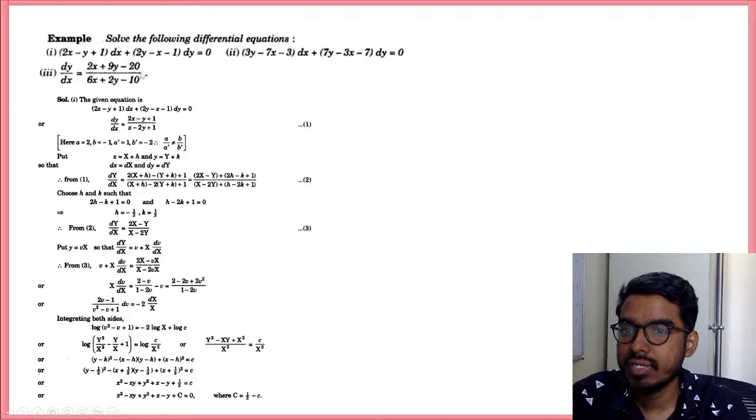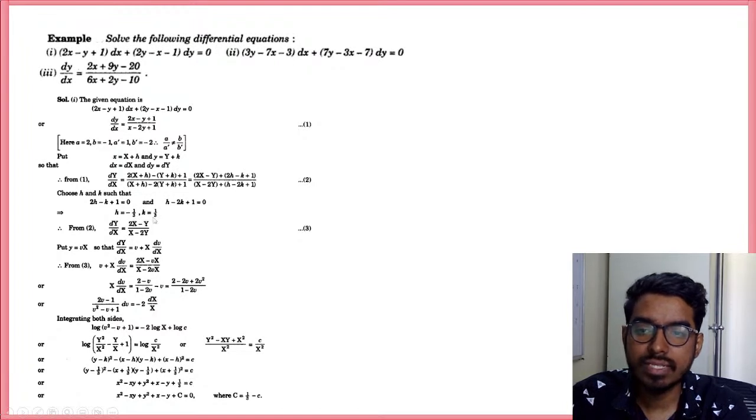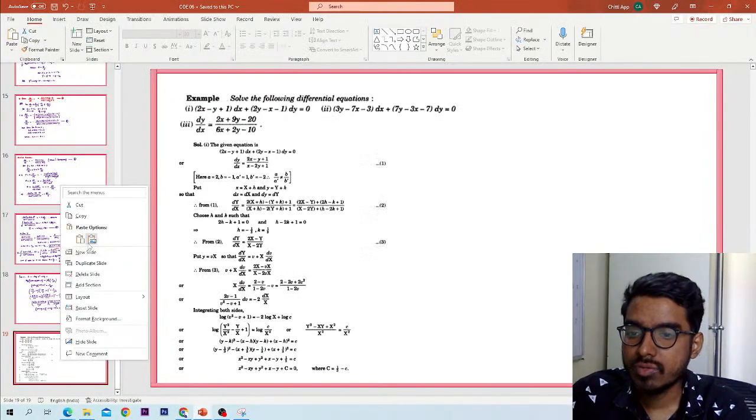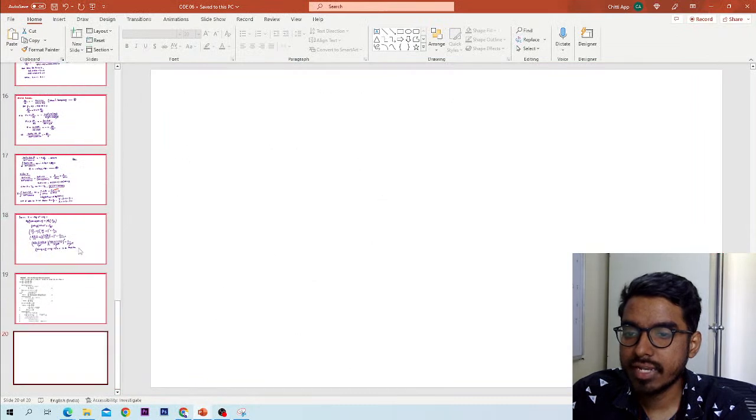Here a/a' is not equal to b/b', so put small x equal to capital X plus h, small y equal to capital Y plus k. You can do it yourself, right? Integrate this, you can see it is of the form f'(v)/f(v), so the log formula. Replace v by capital Y by X. And here you are getting h equal to minus 1/3, k equal to 1/3. So practice this problem. This is the solution for the first problem. And I'll give the solution for the second and third problems also.